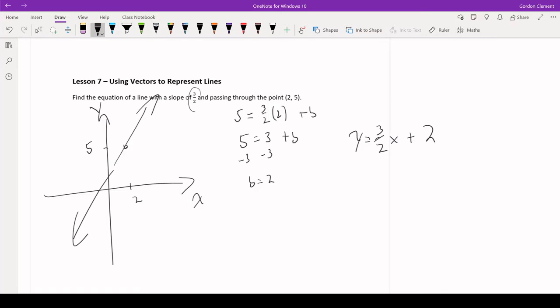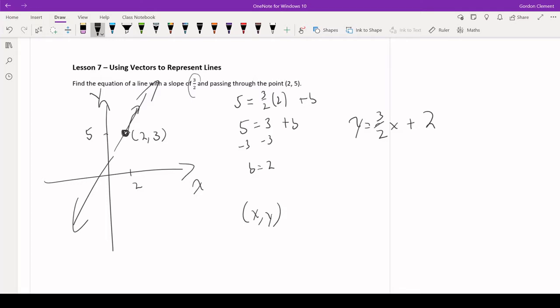So instead of thinking of that as a slope, I want to think of it as a direction vector. That would be up 3 over 2, so that would be the vector (2, 3). That would go up 3 and over 2. So I can then define this line as: start at (2, 5) and, from there, go in the same direction as (2, 3).